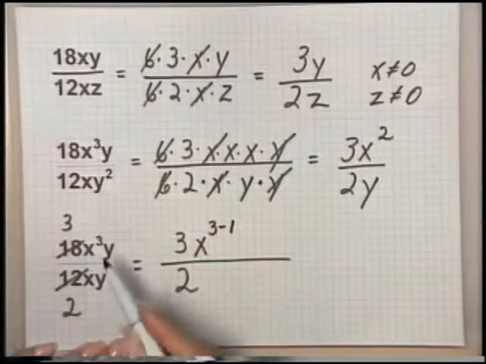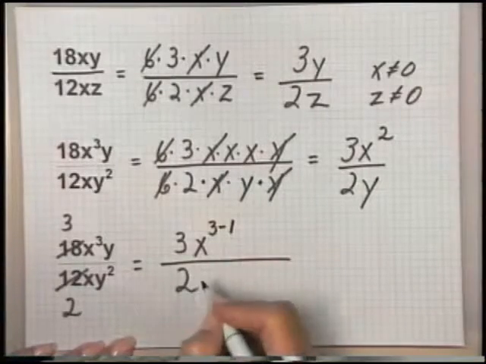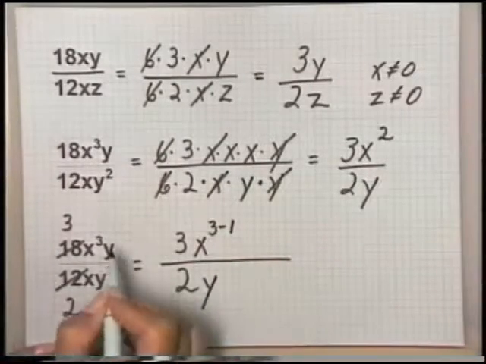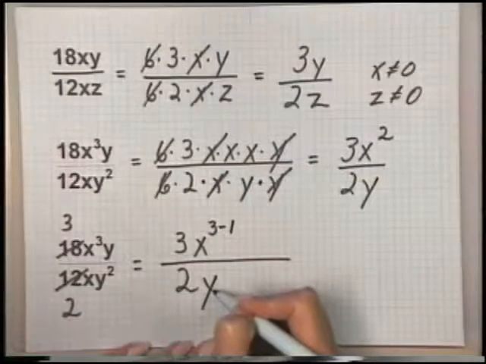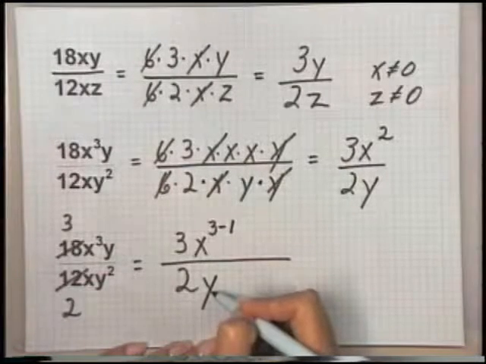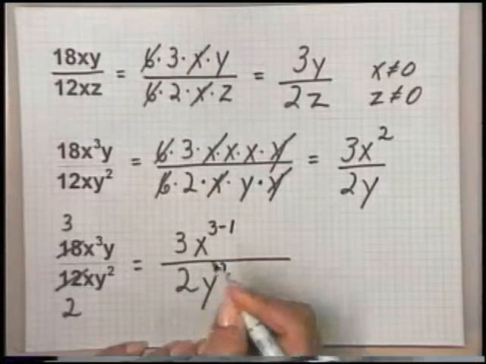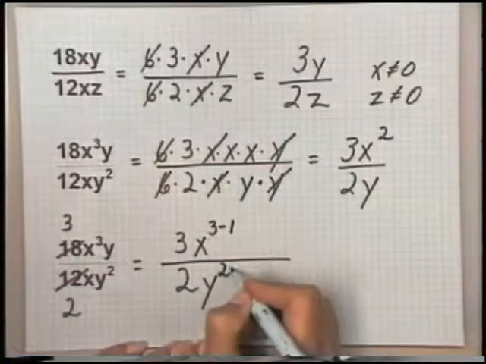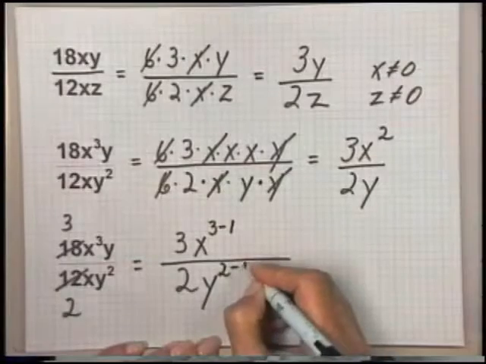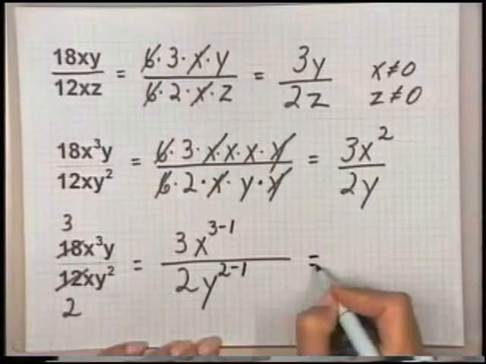For my y's, since I have more factors of y in the denominator than I do in the numerator, I know that my y factor stays in the denominator, and using my exponent laws, I can take the power of the y in the denominator and subtract from it the power of the y in the numerator.